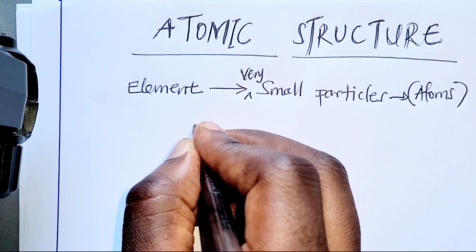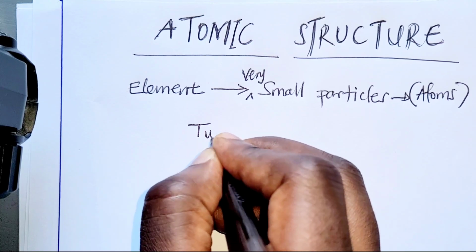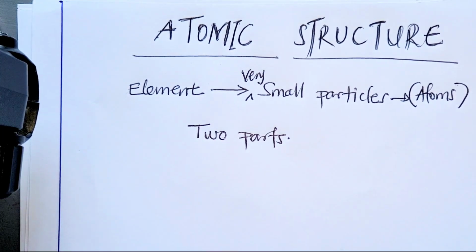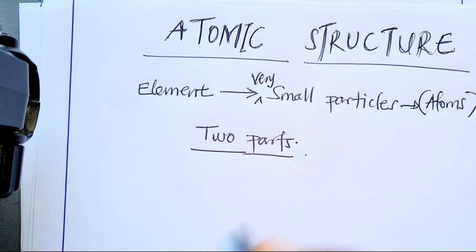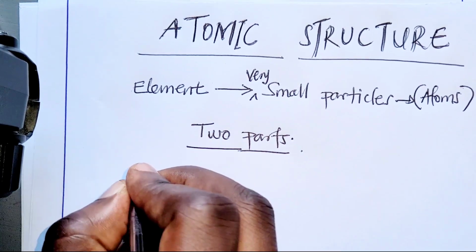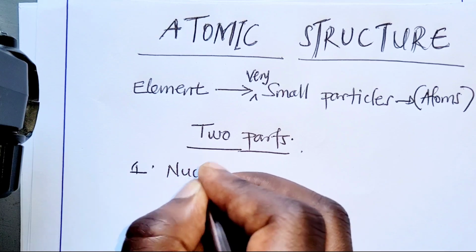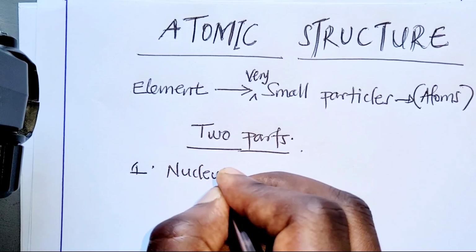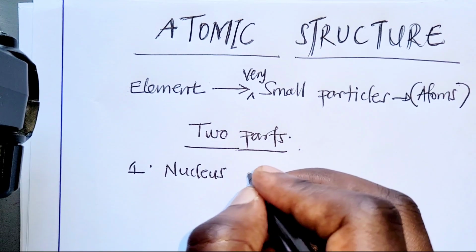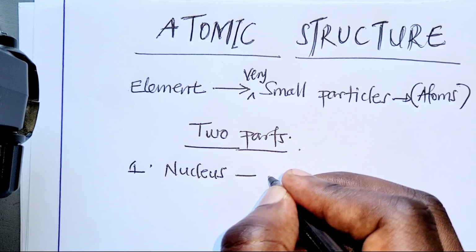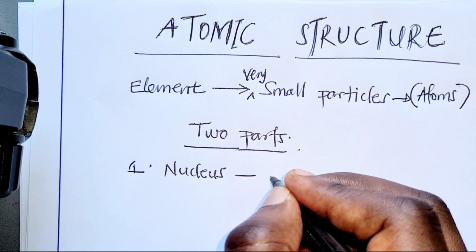An atom was found to have mainly two parts. One part is the nucleus, which has two particles. We are talking about the fundamental particles.